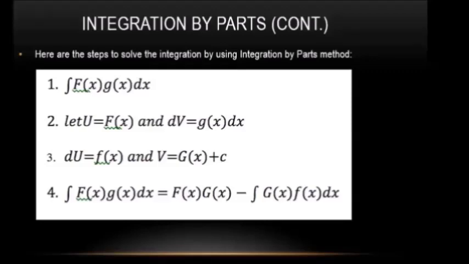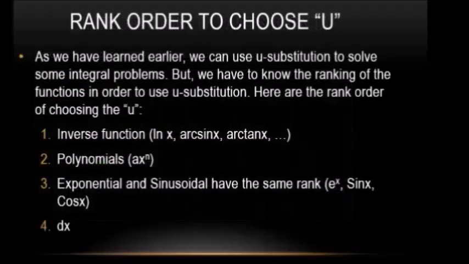We then will differentiate u, giving us du is equal to little f of x, and we will integrate v, giving us big V equal to big G of x plus c. We then would plug these values into the integration, so we'd have the integration of f of x times g of x dx as equal to big F of x times big G of x minus the integration of big G of x times big F of x dx.